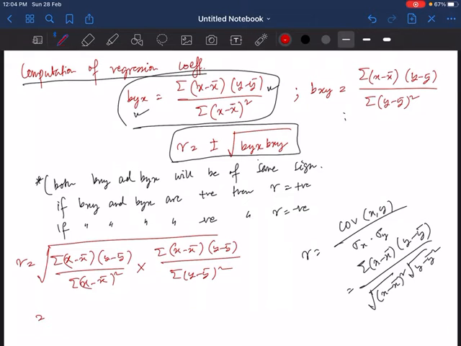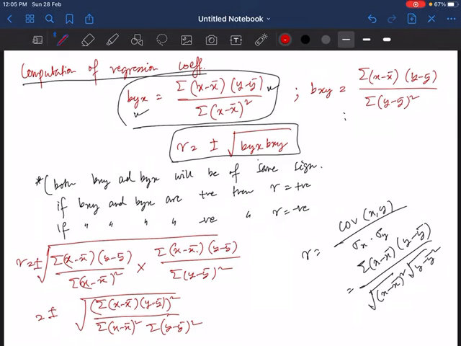We are getting plus minus root over of, look, these are two things, so the numerator is summation of (x minus x bar)(y minus y bar) whole square. In the denominator we have summation of (x minus x bar) whole square and summation of (y minus y bar) whole square.